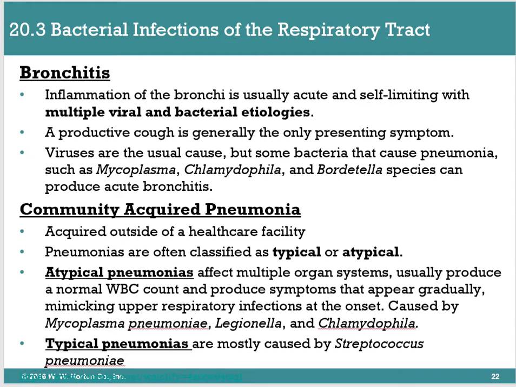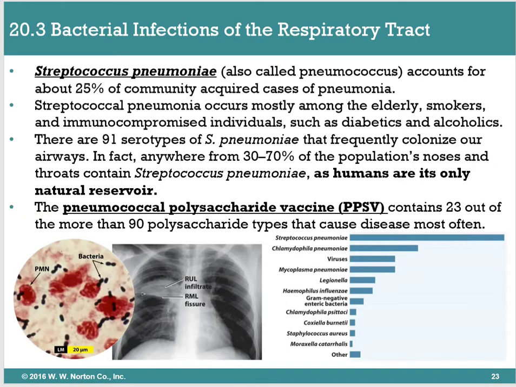But if you have typical pneumonia, this is generally caused by Strep pneumoniae. And I believe I have another slide on it. Yes, so for typical pneumonia, we have Strep pneumoniae. This accounts for a good chunk of the community-acquired pneumonia. This is normally among the elderly, smokers, as well as the immunocompromised, such as diabetics or severe alcoholics.